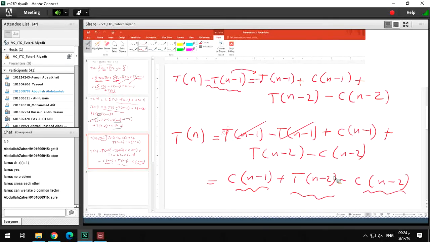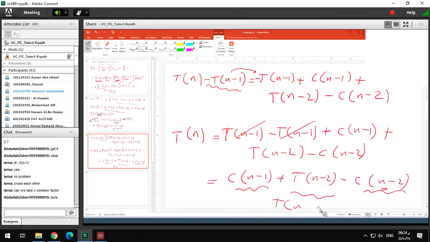C is just a constant. So in terms of functions, both of them are considered as C. We can just call them C1, because we don't care how many times it is multiplied with C. It's just a factor of a constant number. So we can consider it as Tn minus 2 minus C1, for example.